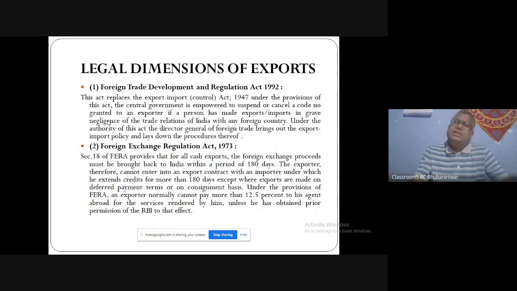And there are some legal dimensions related to exports. What are the legal dimensions? One legal dimension I have already discussed in the legal environment. There are different legal dimensions. One legal dimension is the Foreign Trade Development and Regulation Act.